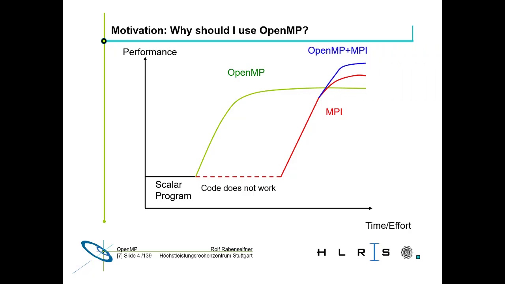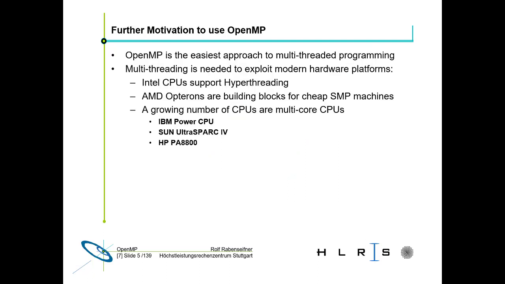But you can even combine OpenMP and MPI and gain a little more performance on top of what you would have without OpenMP, so just with MPI. So essentially, even if at the end of the day you would require MPI to parallelize your application, still the work you invested in OpenMP might be reused.